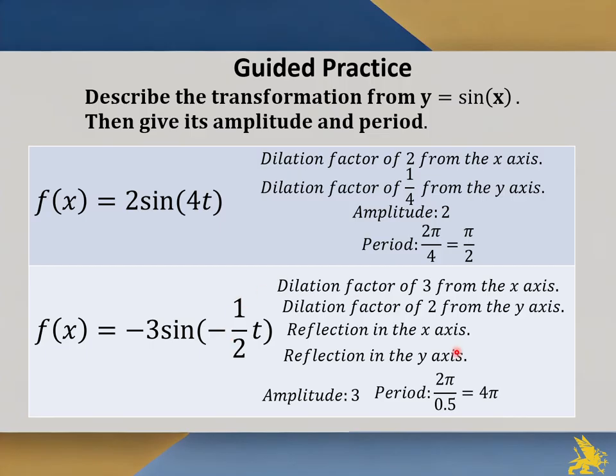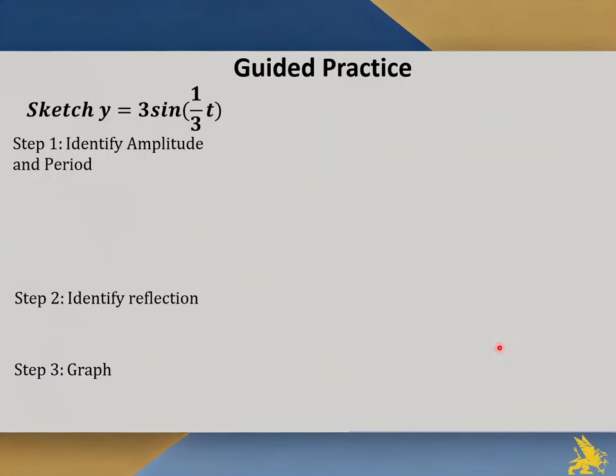So let's have a look at sketching. If I'm sketching 3 sine 1/3 t, step 1 is to identify the amplitude and period. Well, straight away the amplitude is 3 out the front. So that means at the moment, without any vertical shift, it will go from 3 to -3.